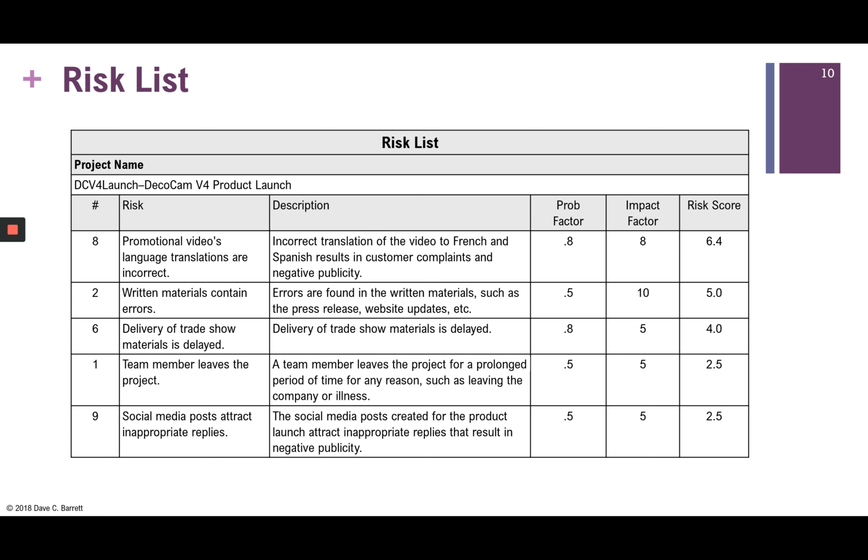And the reason why it's the highest score is that the probability factor was 0.8, which is very high. It's very likely. And the impact factor they indicated was severe. That gave a risk score of 6.4, which is the highest one. You can see on this page, it's the highest one so far. So you can see that we're ranking them from highest to lowest.